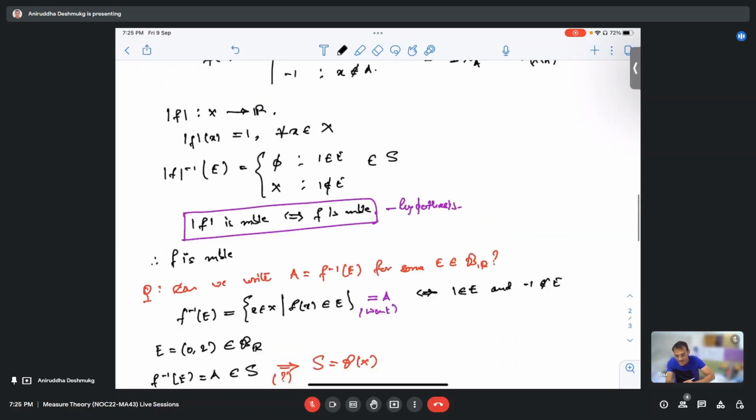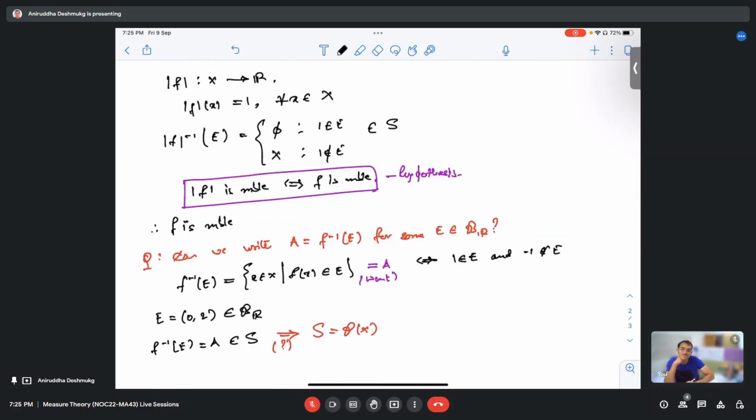See, what is the definition of measurable functions for us? Can you tell me? The pre-image of intervals must be measurable.